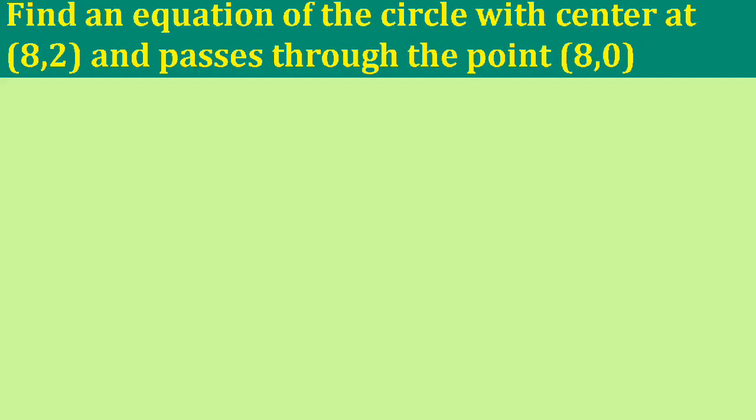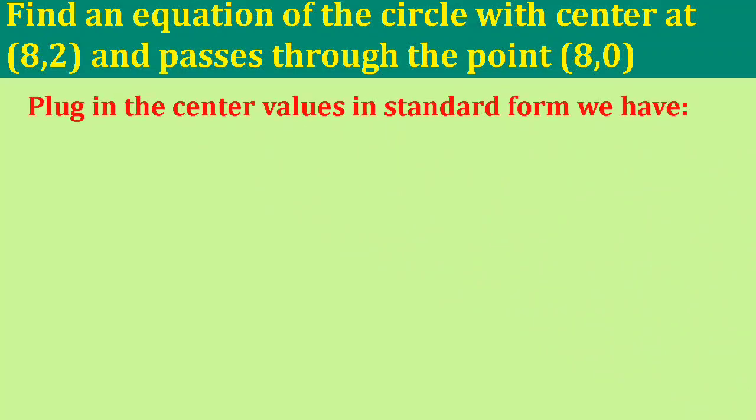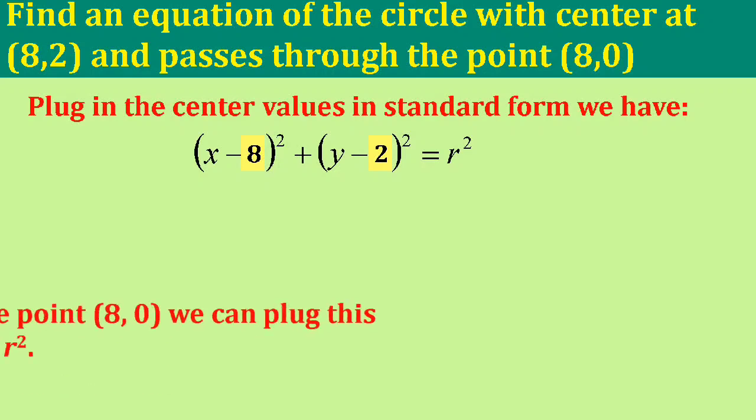For this particular problem, find an equation of the circle with center at (8, 2) that passes through the point (8, 0). So again, plug in the center values in the standard form. So we have the quantity (x - 8) squared plus the quantity (y - 2) squared is equal to r squared.